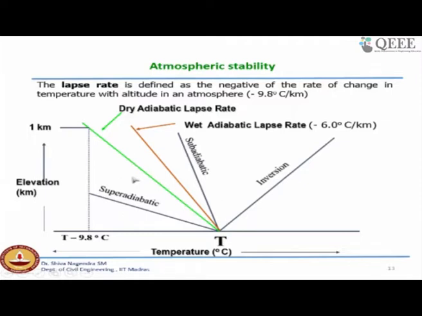The superadiabatic condition, as I mentioned, is a very good condition which explains better dispersion. In subadiabatic conditions, the rate at which the pollutant is rising is very slow, but it still involves some amount of dispersion. The inversion condition is very bad for air pollutants because it accumulates all the pollutants released from the various sources, causing many air pollution episodes.